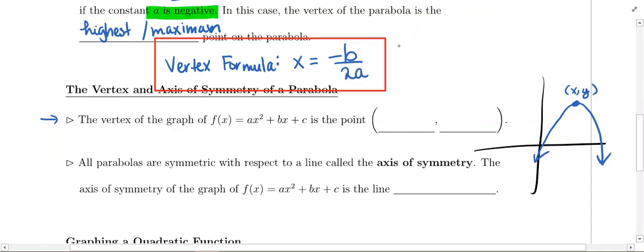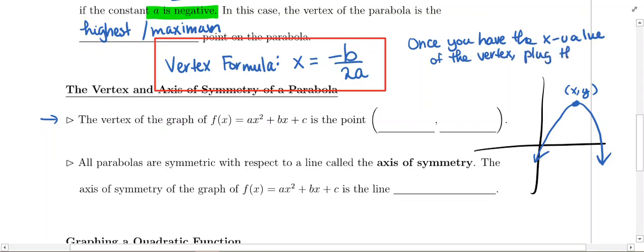Then once you have the x value of the vertex, plug this x value into the original function to get the y value.